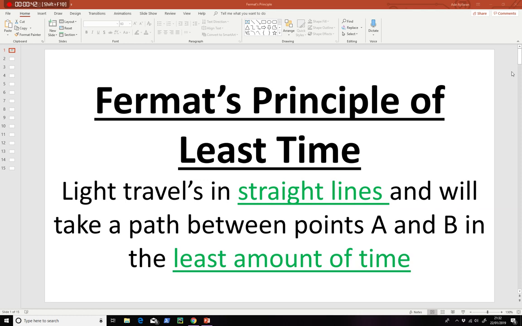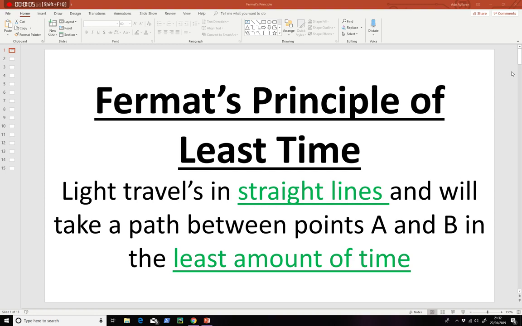Now, Fermat's principle of least time was derived in the time where light was still thought of as a wave. So it would still be many years until the argument between light being a particle or light being a wave would have been in full effect.